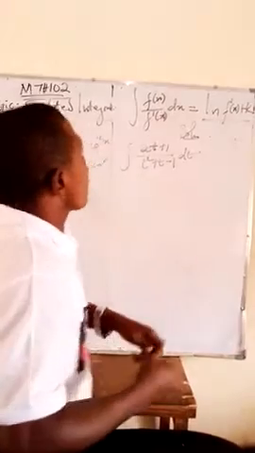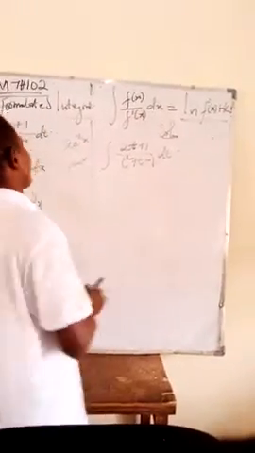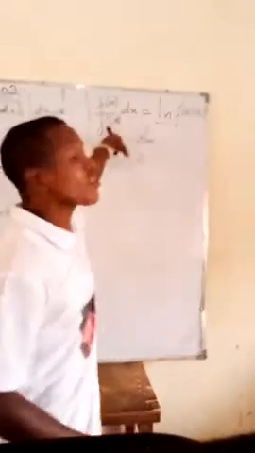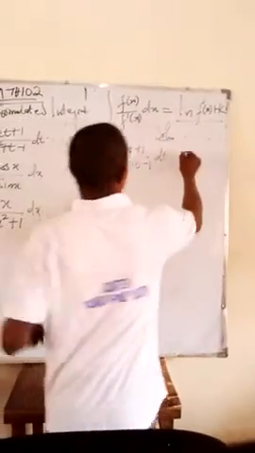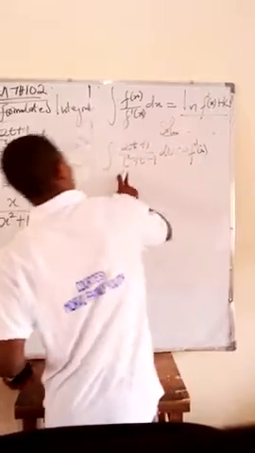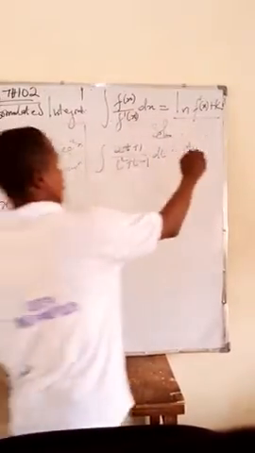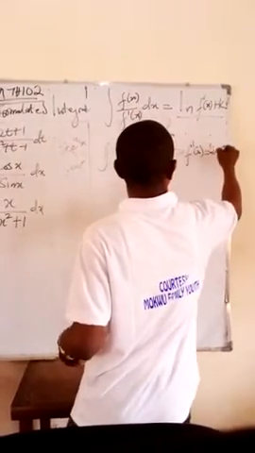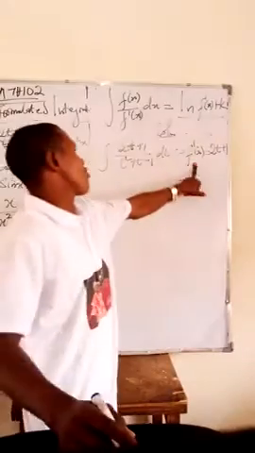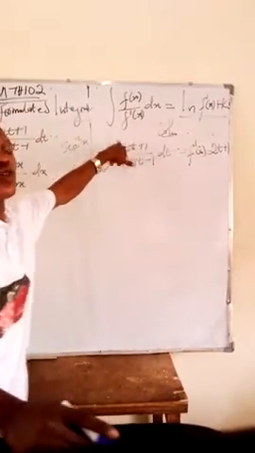The number 1 way is this. When you differentiate the denominator, f prime means differentiate the denominator. The derivative of this will give us 2t plus 1.